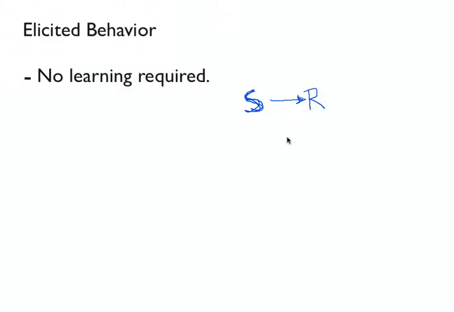Humans and animals also show elicited behavior in the form of orofacial responses, so changes in the gestures of the mouth and the face to disgusting flavors.